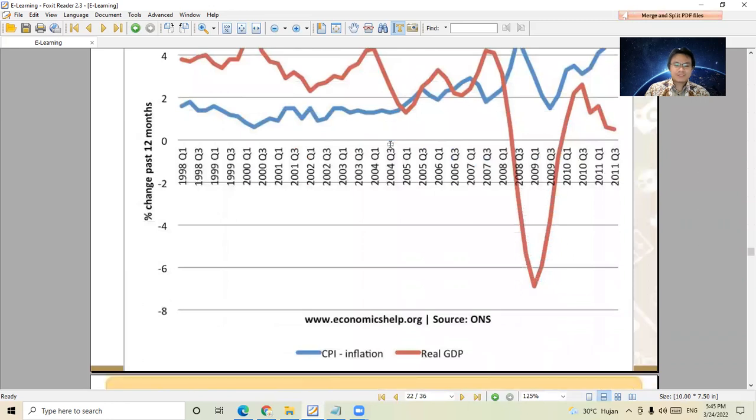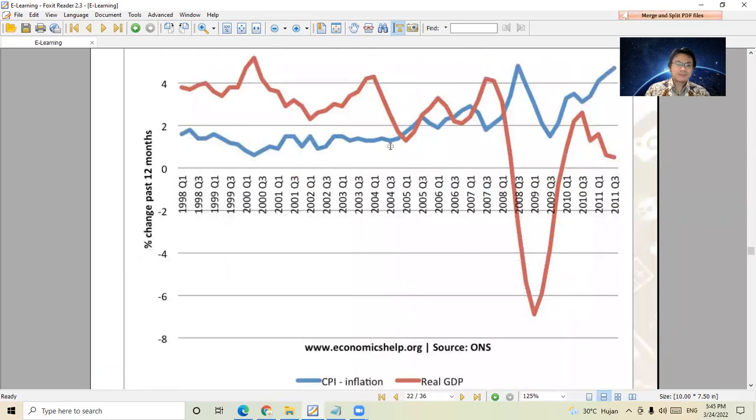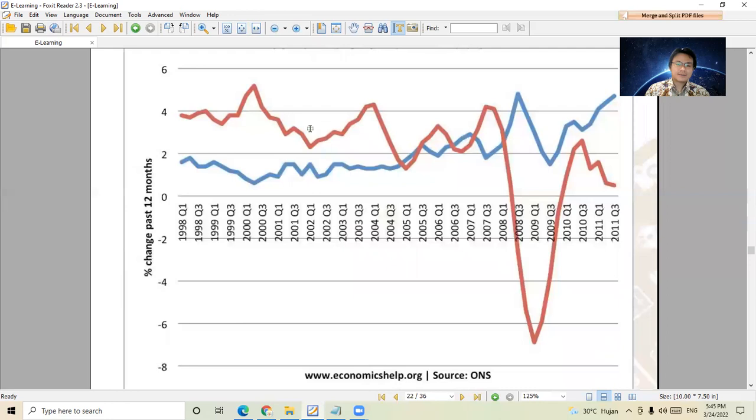As we can see from this line, the picture here illustrates what happened in 2008 and 2009. There was a financial crisis in 2008 to 2009. If you remember the housing bubble crisis in the US, there was a recession here.